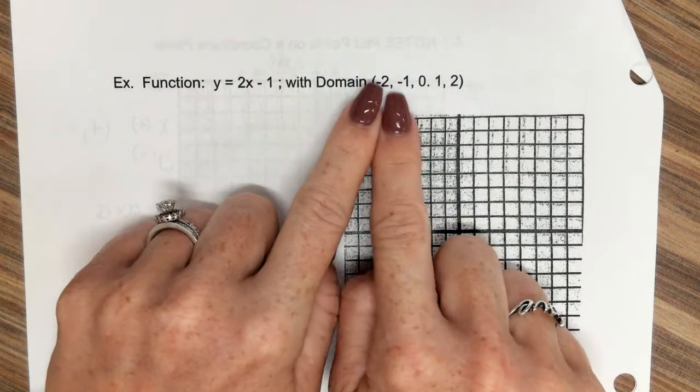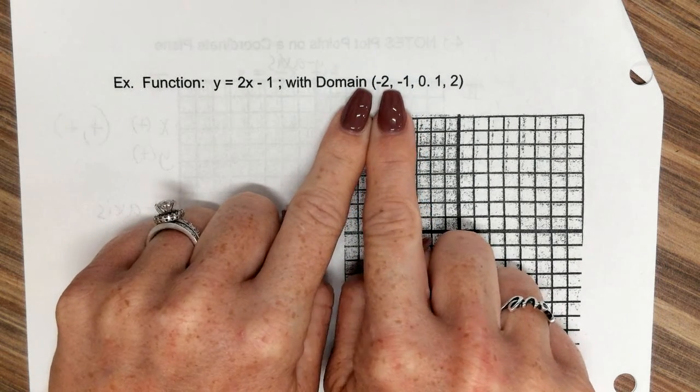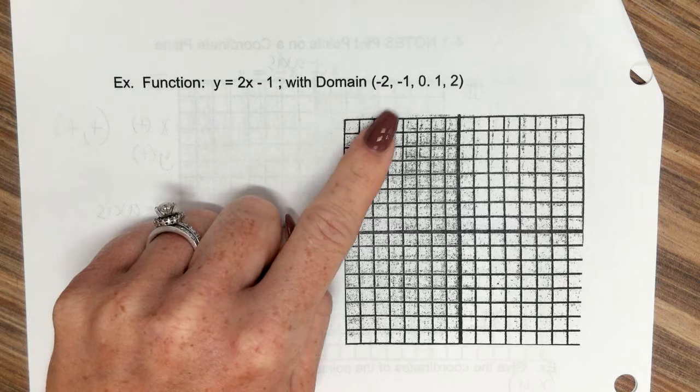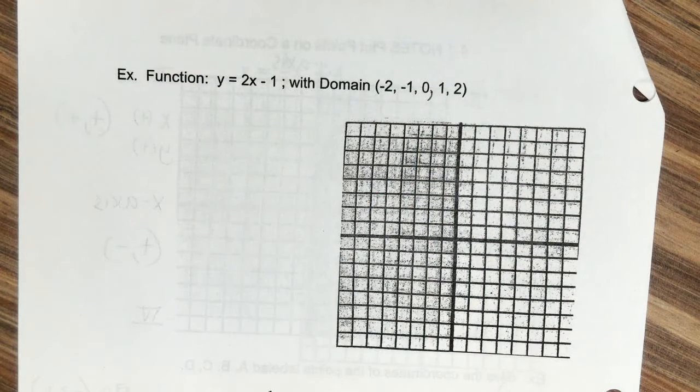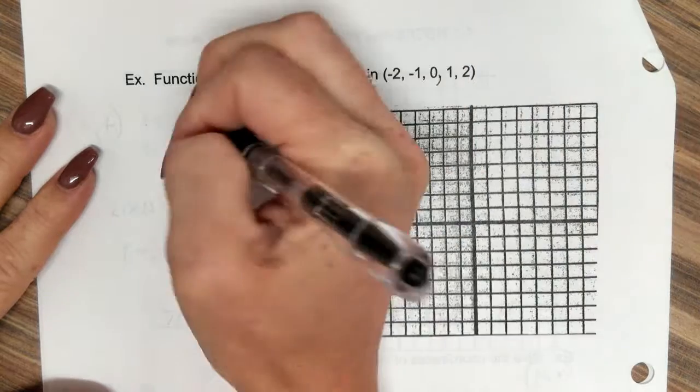Because they said they only want the domain to be negative 2, negative 1, 0, 1, and 2. They are telling you exactly what points they want on that graph. So would I connect the dots? No. All right, so here we go. We're going to make a table.